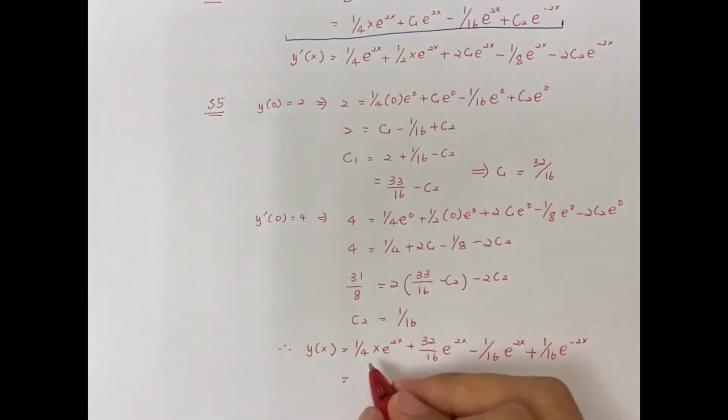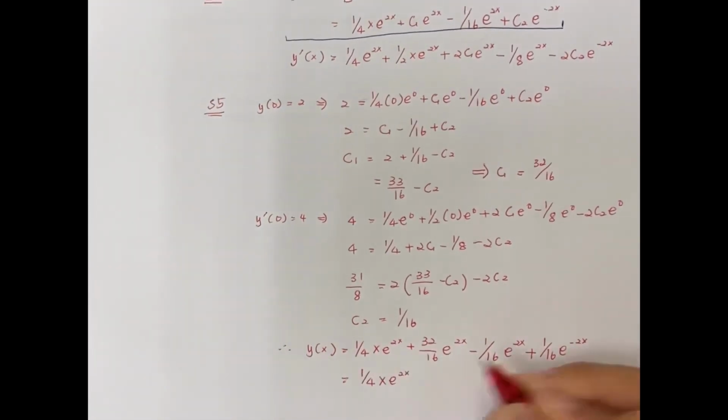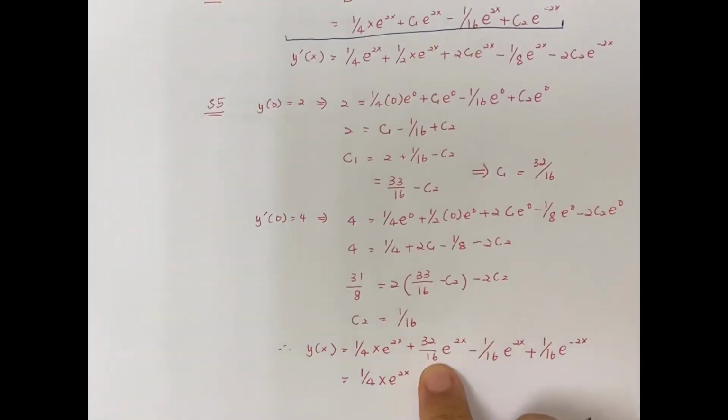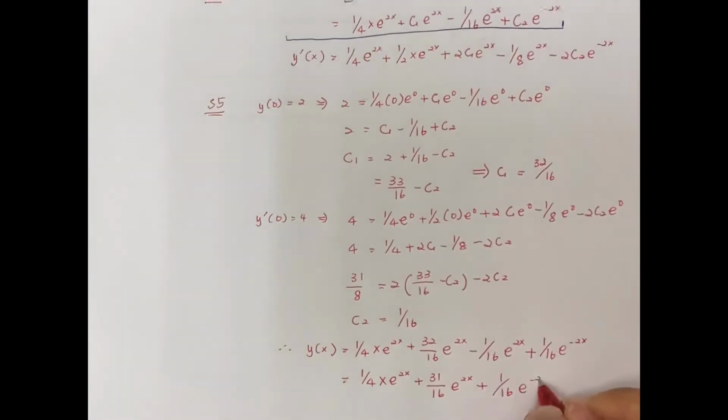Simplify this. You have 1 over 4 x e^(2x). 32 over 16 minus 1 over 16 is positive 31 over 16 e^(2x) plus 1 over 16 e^(-2x). And this is the last answer.